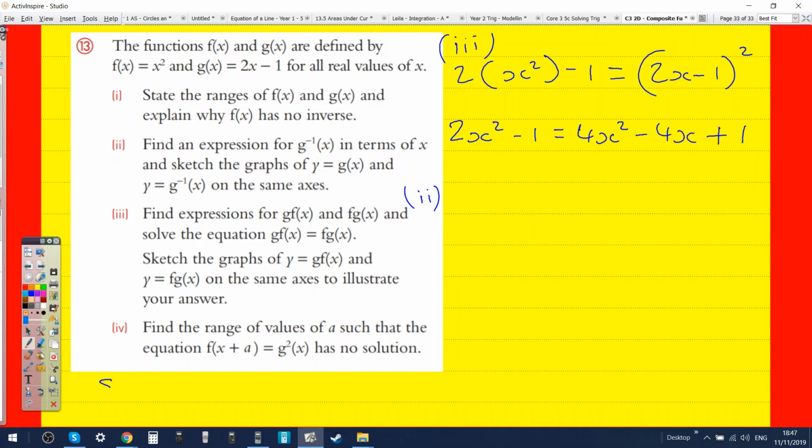So it's like sine to the minus 1 on the calculator. That's arcsine. That is not 1 over sine, that's cosec. Yeah, that's confusing. It's not a power. It's not equal to sine x to the minus 1 or something like that.